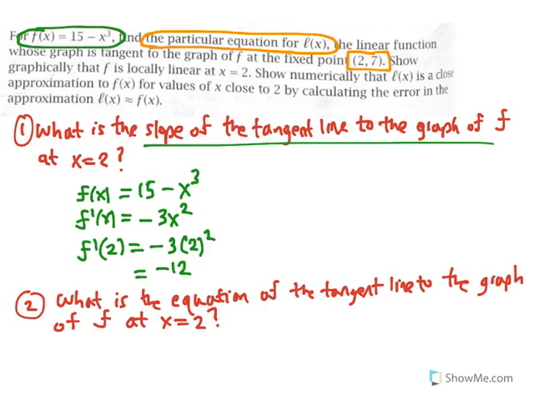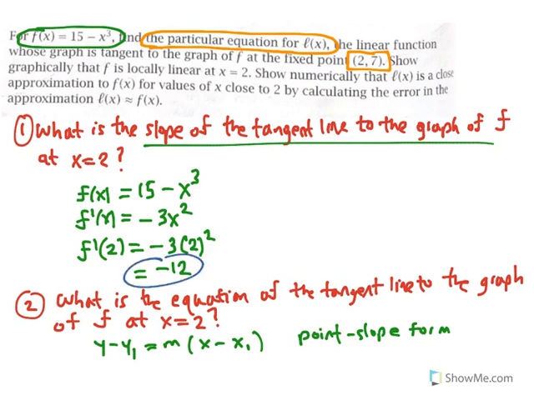To answer this question, we'll remember something called the point-slope form of the equation of a line. This is something that we reviewed at the beginning of the course all the way back in August. Point-slope form. And right now we know the slope of this tangent line.